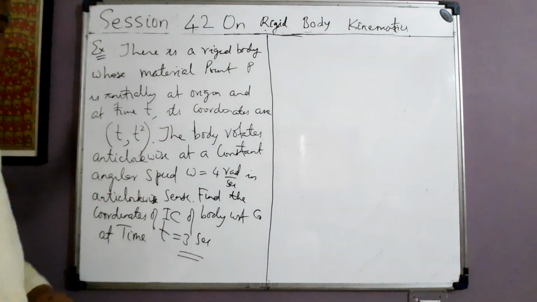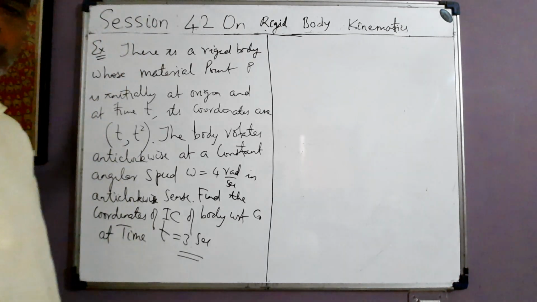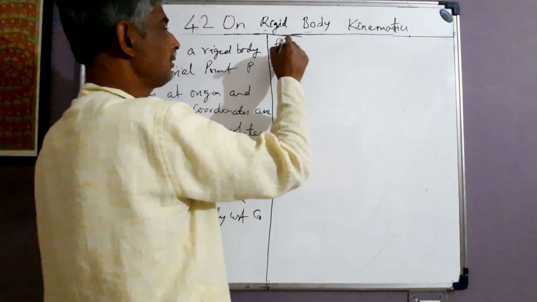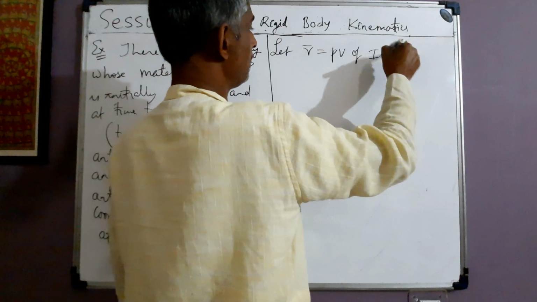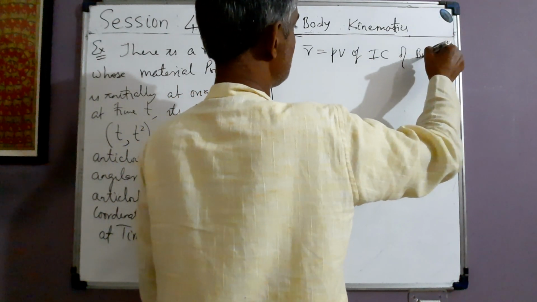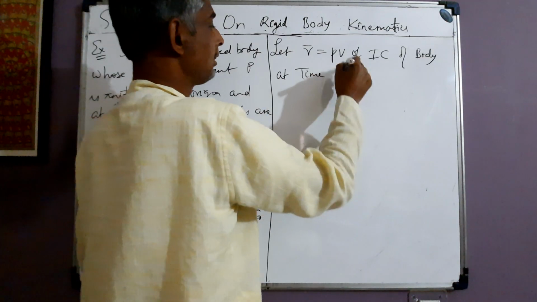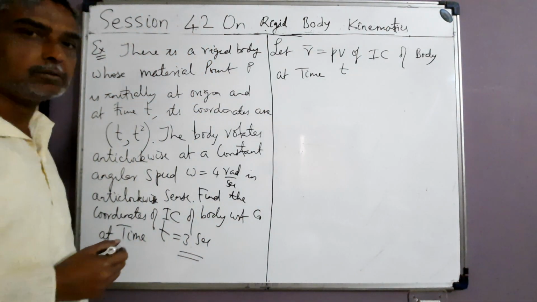So now this will be solved simply with that concept, r equal to rp plus omega cross vp by omega square, as we have been doing in the last two problems of this video. So let r be the position vector of IC of body at time t.